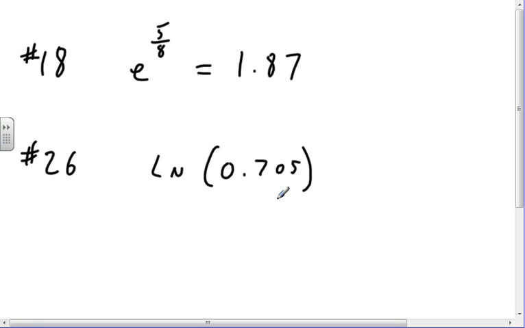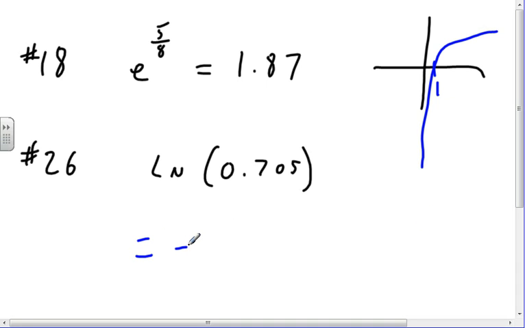If it's the natural log of something less than 1, it's going to be negative, right? So if you remember the log curve looks like this, passes through 0 at 1, asymptotic to the y-axis, right? So this had better be equal to some negative number, and if I get some positive number, then I know I fat-fingered a key.